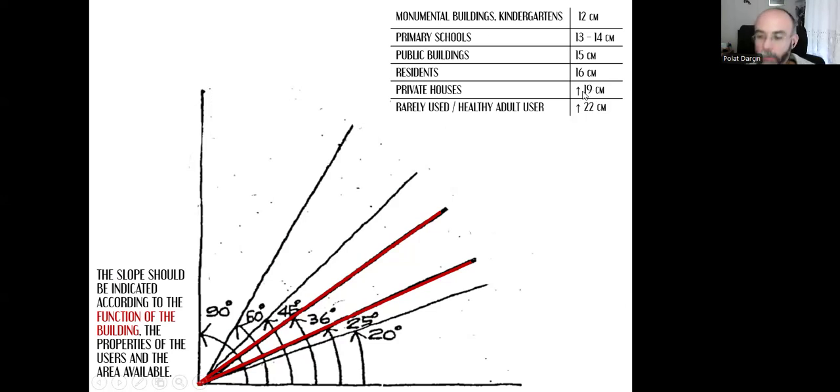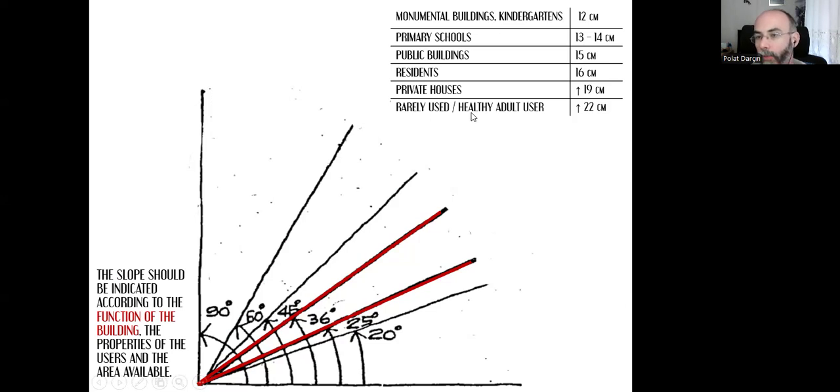But obviously, if there are children, depending on the age, we need to decrease the riser height. That's why kindergartens or monumental buildings or public buildings have this number for the maximum height, because any person, old people, disabled people, children can walk into those buildings. So we need to be careful about the riser height.